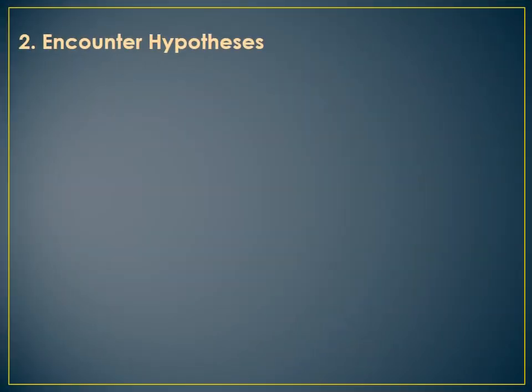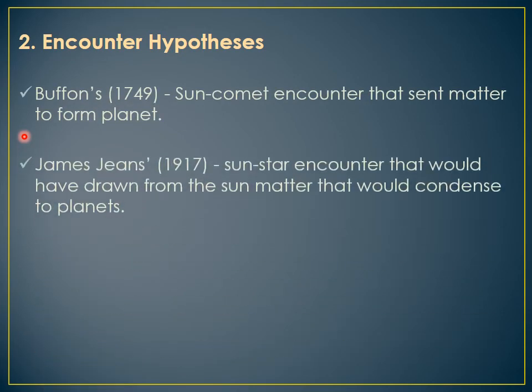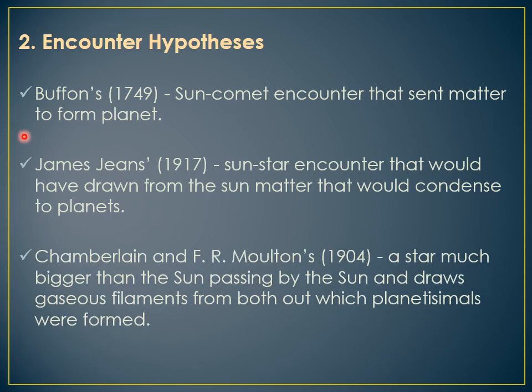Let's talk about the encounter hypothesis, which is the second hypothesis on the origin of the solar system. There are four scientists that supported this hypothesis: Buffon, James Jeans, Chamberlain, and Moulton. All of them believed that two bodies encountered each other until they drew gaseous filaments from both, forming the solar system.